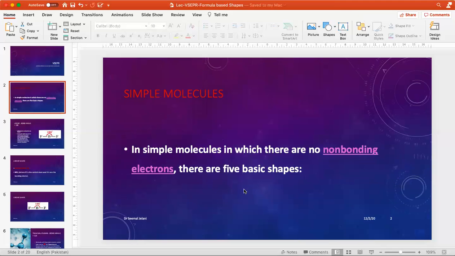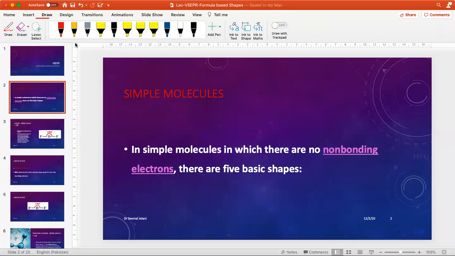First is simple molecules. These are molecules where there are no non-bonding electrons, so there will be no lone pairs. And there are a total of 5 basic shapes.